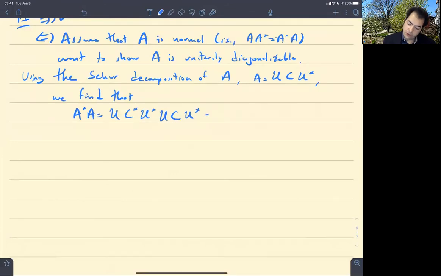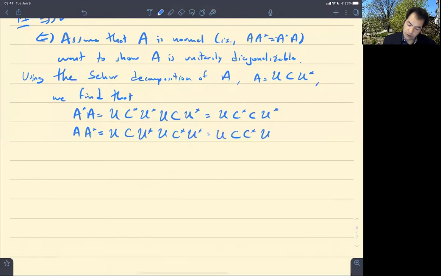So again, the U stars in the center cancel, so we get U C star C U star, and A star is equal to U C U star U C star U star, and so that's the same as U C C star U star. Okay, now since this is equal to this and U is invertible, you can get rid of U on the left, you can get rid of U on the right, and we conclude that C star C is equal to C C star, with C upper triangular.